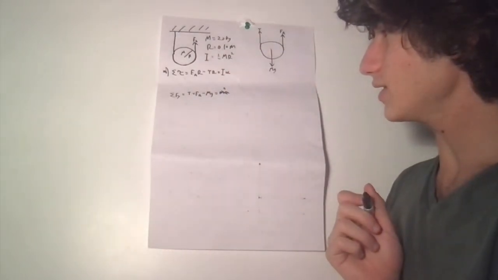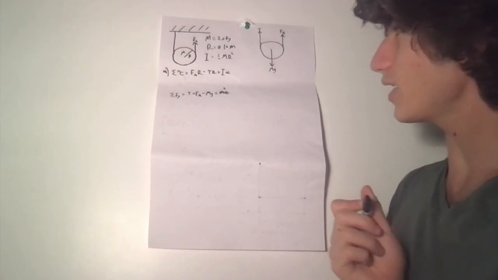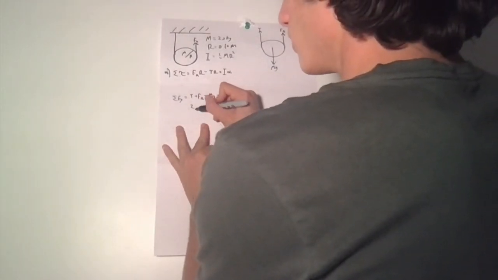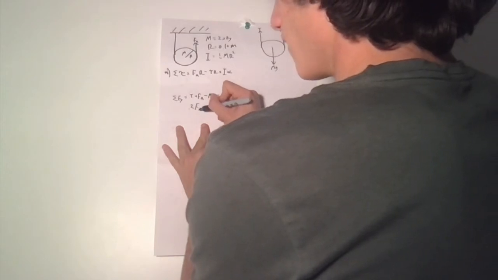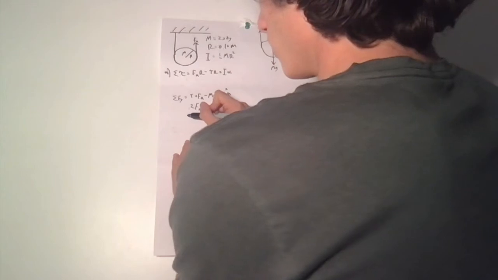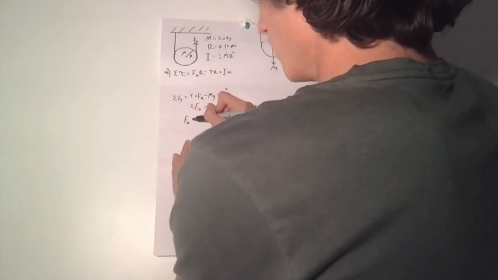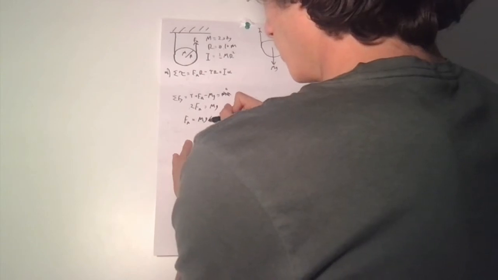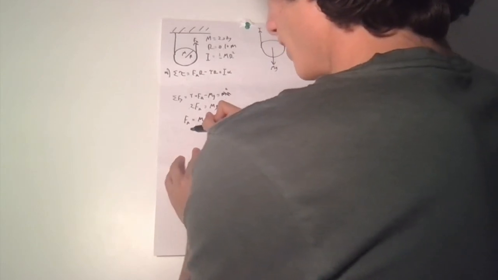And we know that tension should be equal to force applied, which means that we can rearrange this to say 2 times Fa should be equal to mg, or Fa is equal to mg over 2. Now we can plug in some numbers.